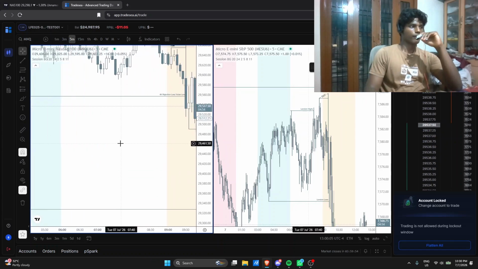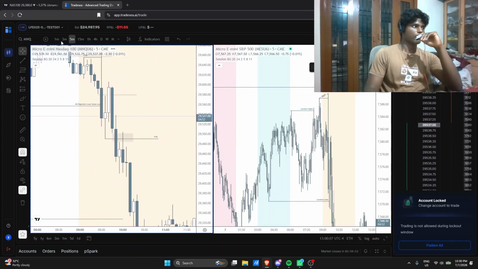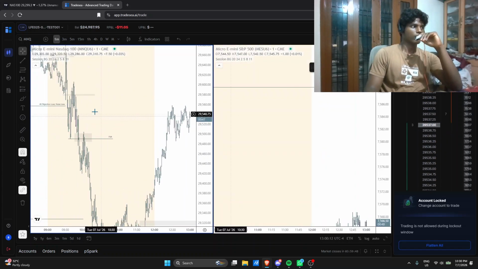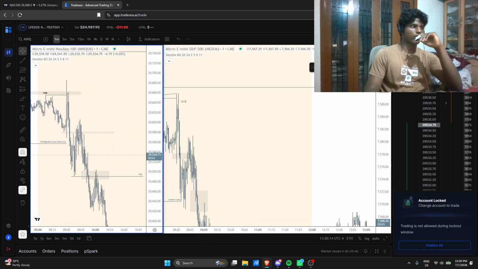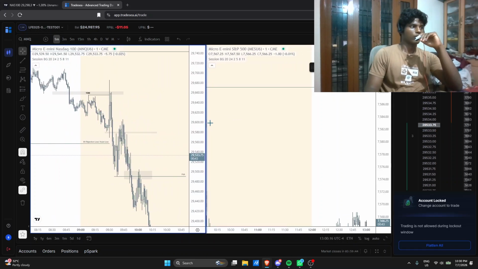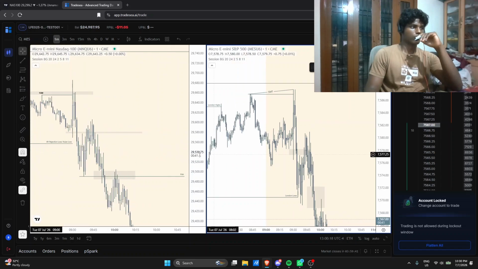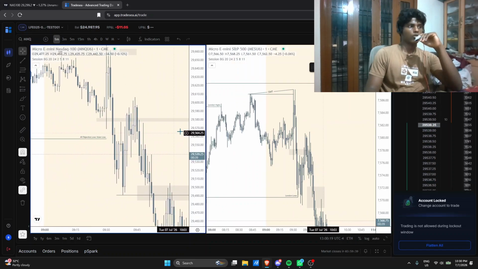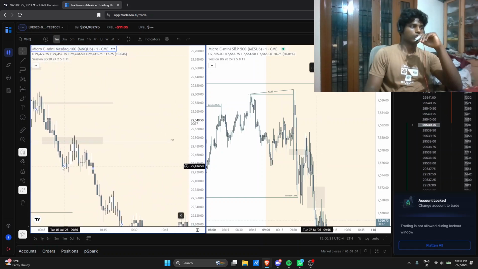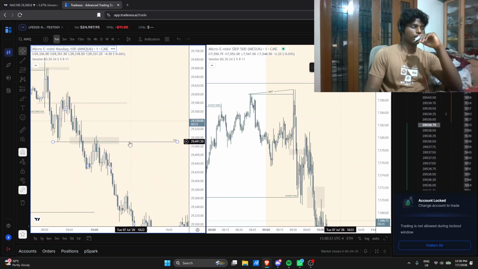But here, maybe this 5-minute fair value gap I could have entered, but it was really not A plus, because that 5-minute fair value gap didn't have any liquidity sweep or a good entry pattern that I could find. So that's fine. Also in this 5-minute fair value gap plus fair value area, I didn't have anything that was really nice for me to short.